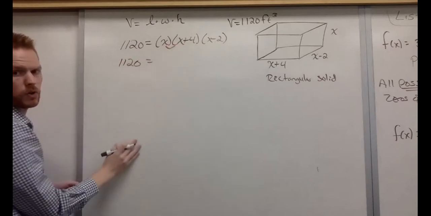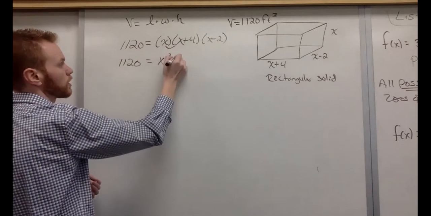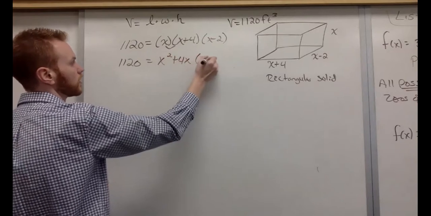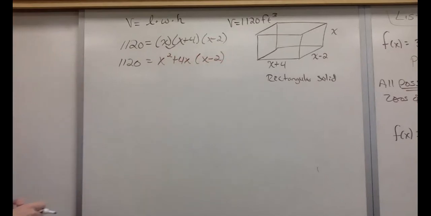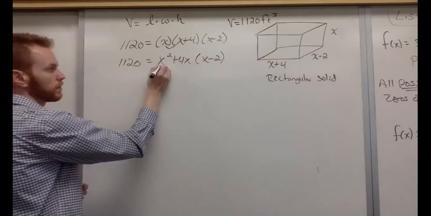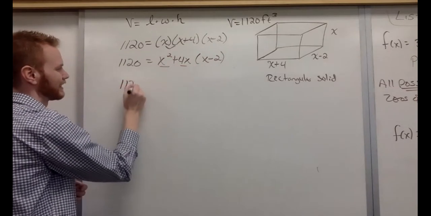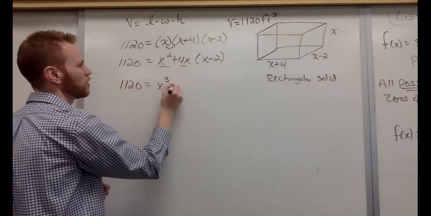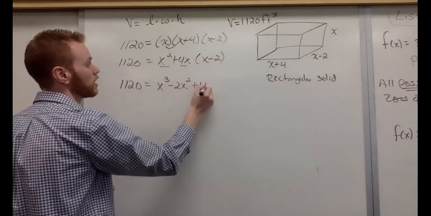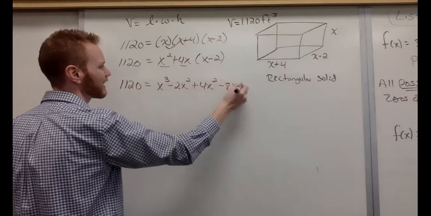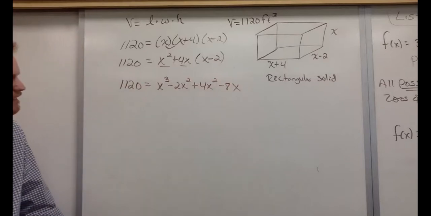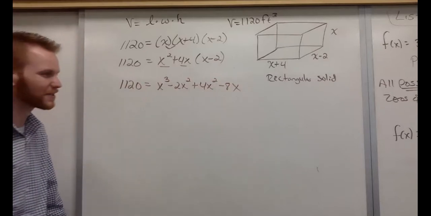Just like that. We're going to continue to solve here. I'm going to multiply those two together. I get x squared plus 4x. And x minus 2 just comes down. Then I'm going to multiply these into this. So x cubed minus 2x squared plus 4x squared minus 8x. If I'm going too fast, you can pause the video.